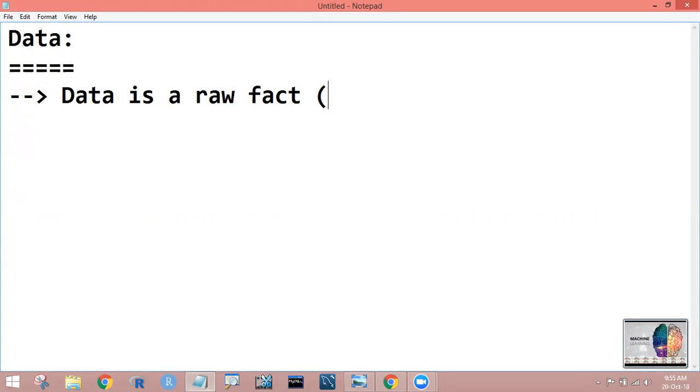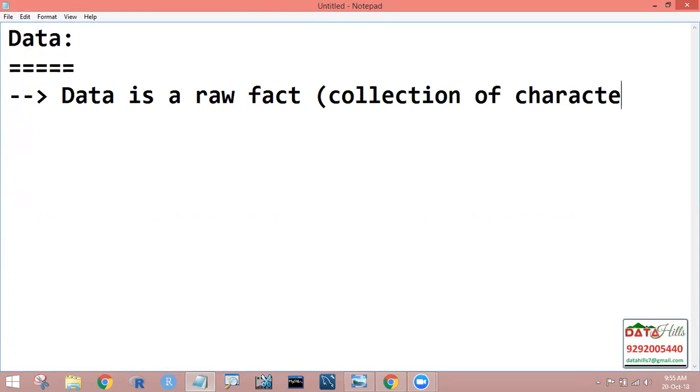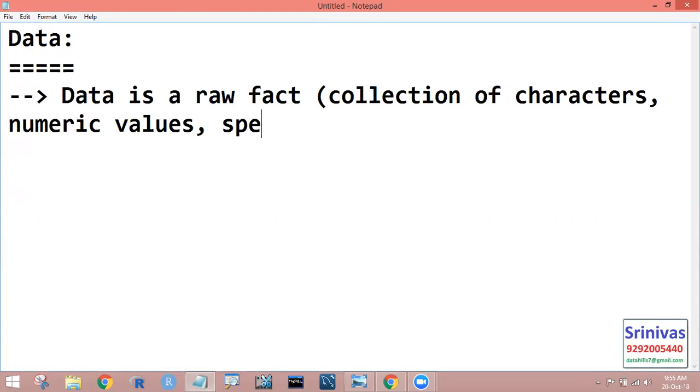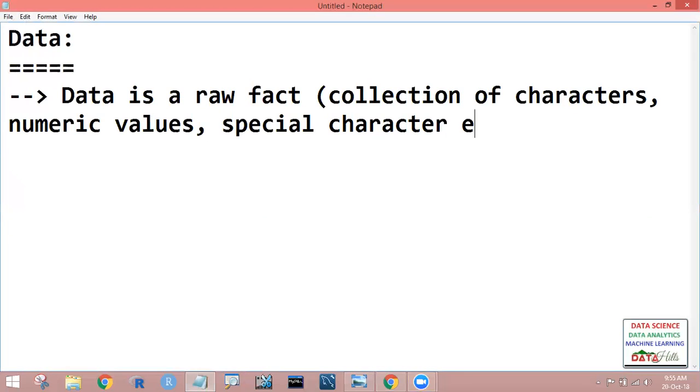Whatever we have, a collection of characters, numeric values, special characters, or whatever keys we have on our keyboard, a collection of all these is called a raw fact.